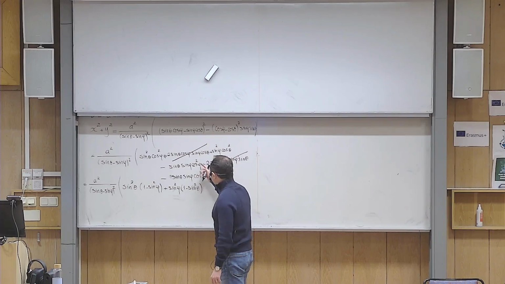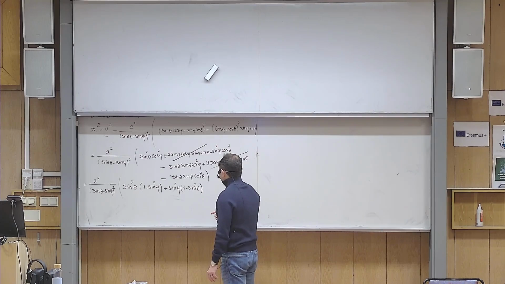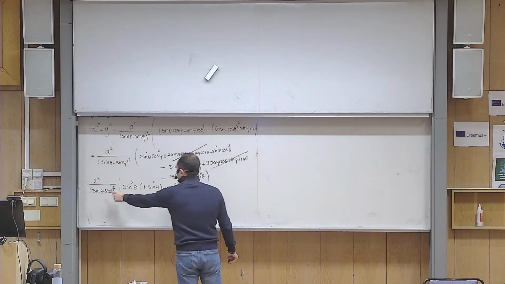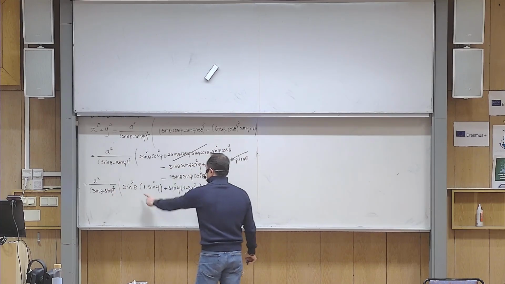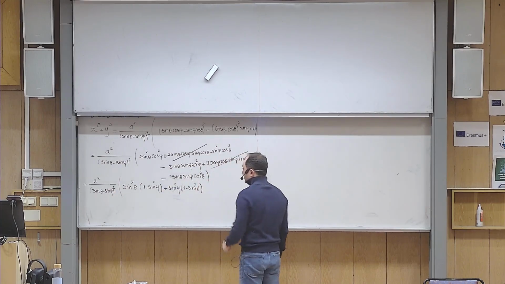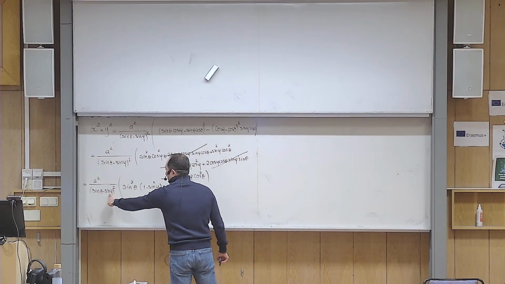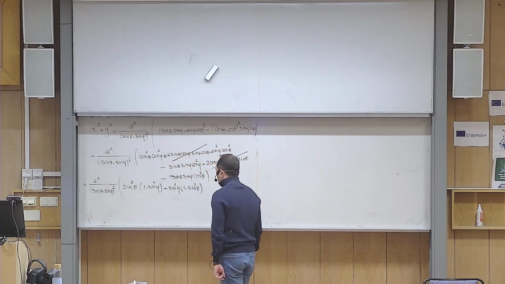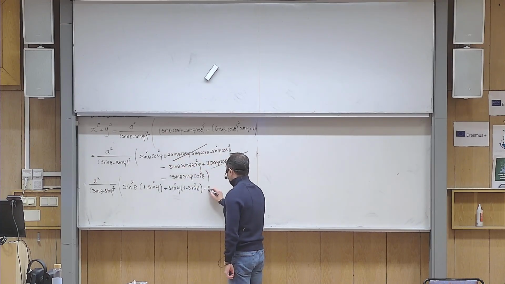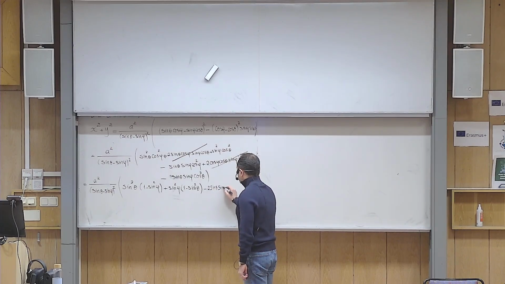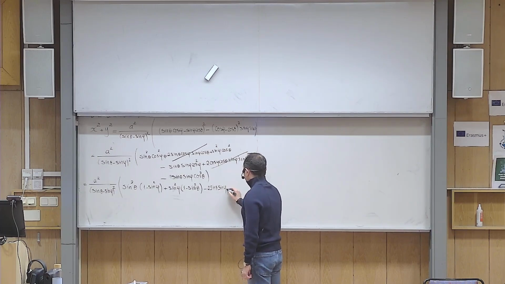I am left with this one and that one. So let me see, because I want to make that combination. This needs sine theta squared sine phi squared, which I will get from here, but 2 times sine, okay. So I need minus 2 sine theta sine phi to appear. So let me just put it by hand here. But of course, I have to add to compensate for that.